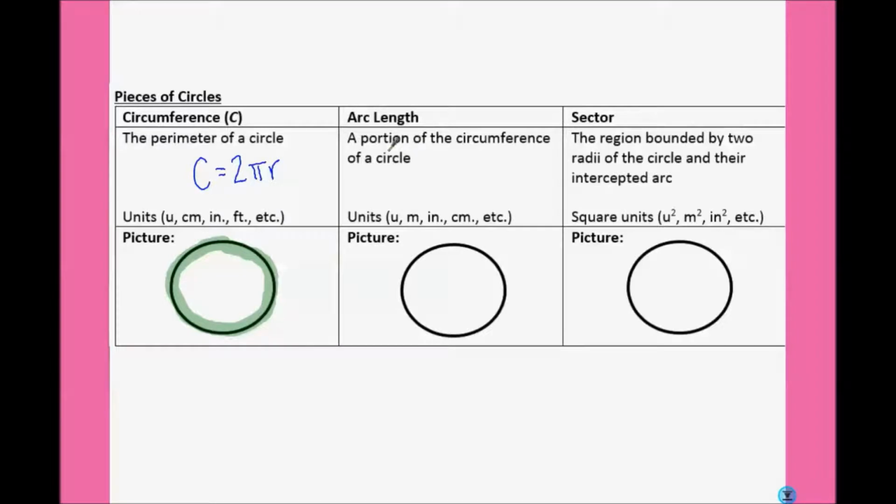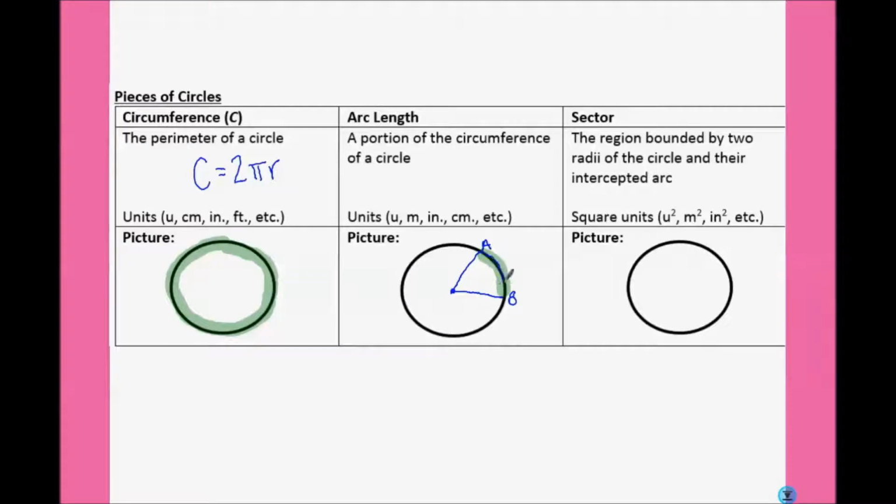An arc length is a portion of the circumference. So let's say here's our center. We have point A and point B. We might want to know how long the arc is from A to B. Now we previously found the arc measures based on the angles, but if this is a bigger circle, it's going to have a bigger arc length. If it's a smaller circle, it's going to have a smaller arc length.